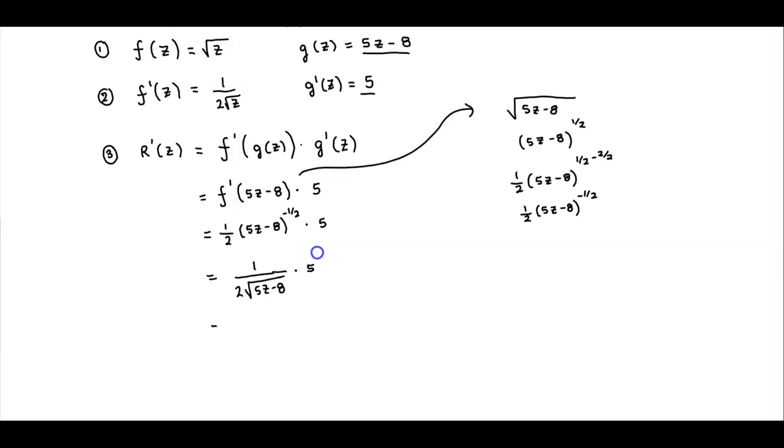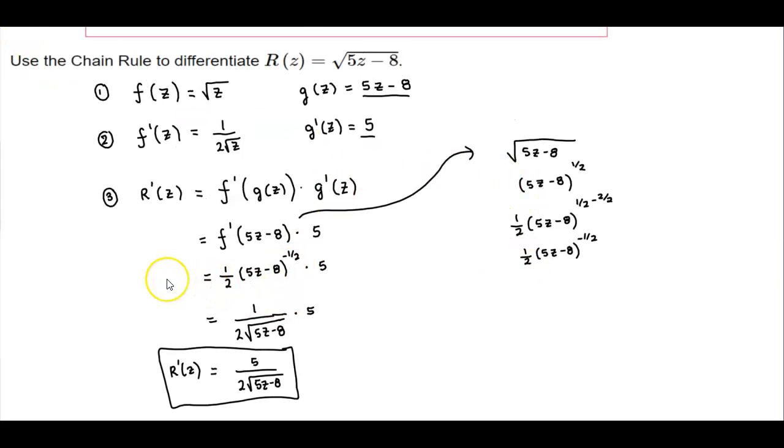And so therefore, we're going to say that the derivative of this function is going to equal 5 divided by 2 times the square root of 5z minus 8. Okay, so here we got the derivative using the chain rule.